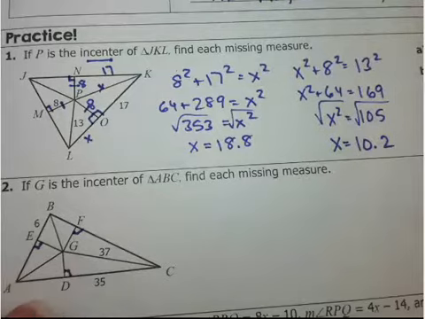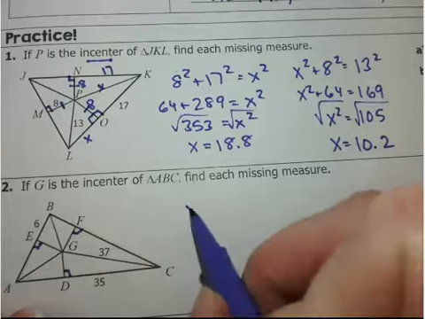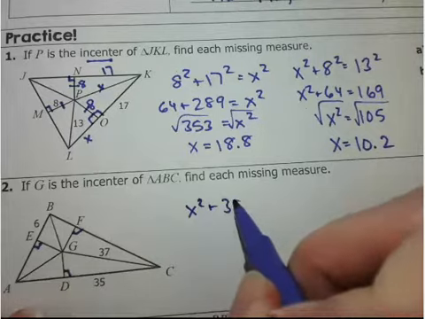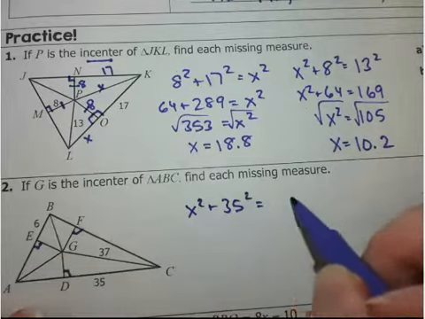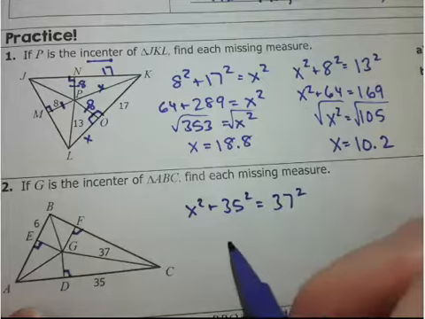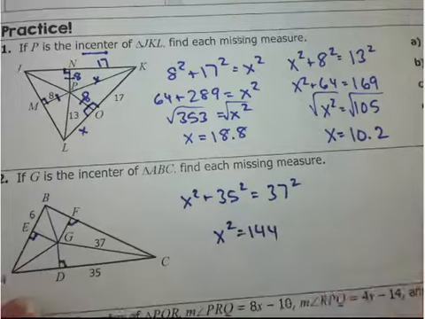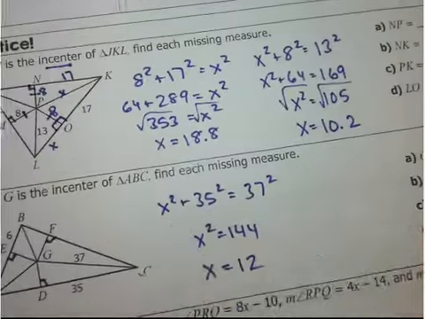So I'm going to solve for that missing leg there. So I've got x squared plus 35 squared is equal to 37 squared. And when you did the math on that, you should have ended up with x squared is equal to 144, and x is equal to 12. So GD is going to be 12.